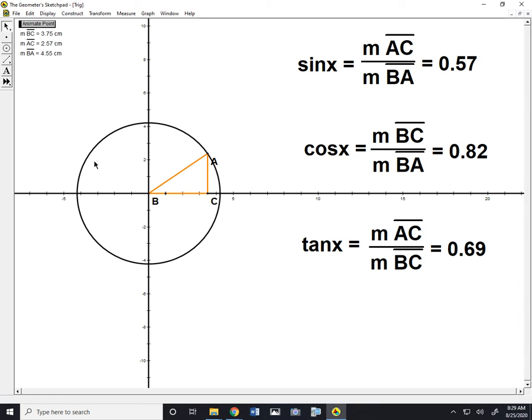The hypotenuse, because it's the radius of the circle, isn't going to change. And so as I drop down here, that opposite gets smaller and smaller and smaller. So when I get down to 0, the opposite side is gone, and that's why the sine of 0 degrees is 0. Also the same thing for the sine of 360 degrees.